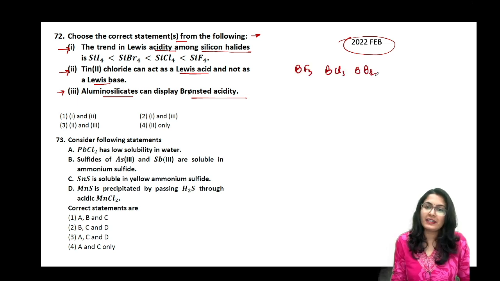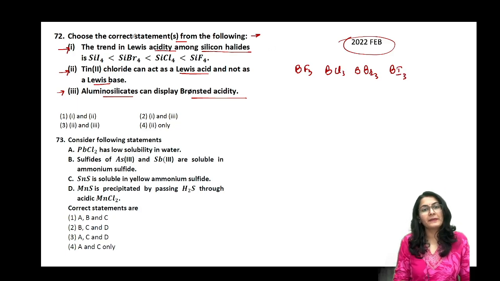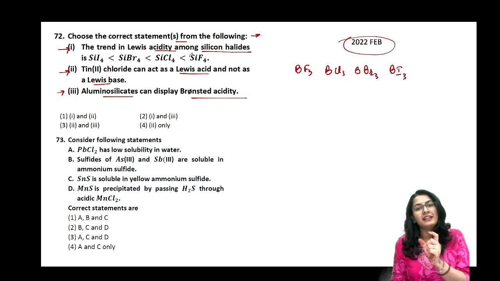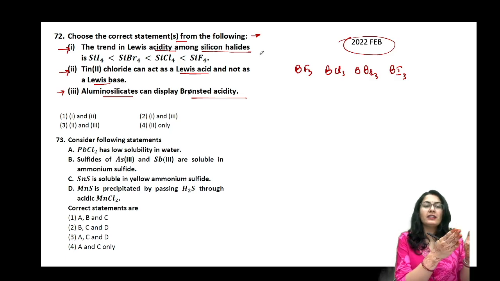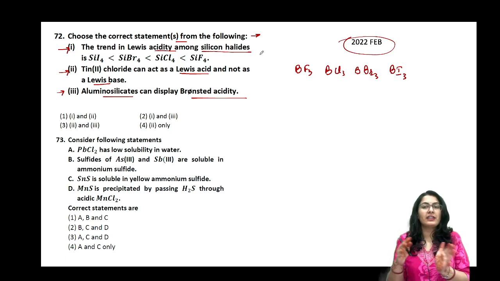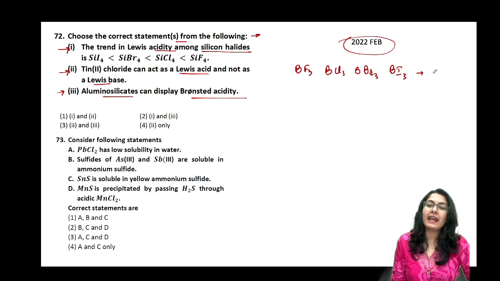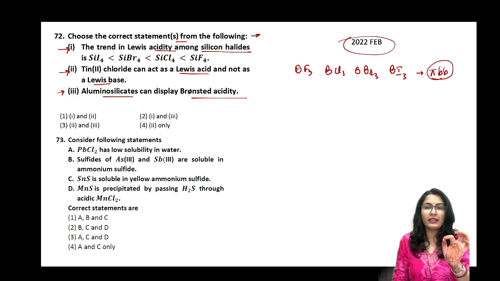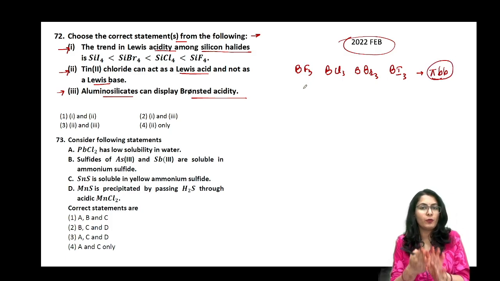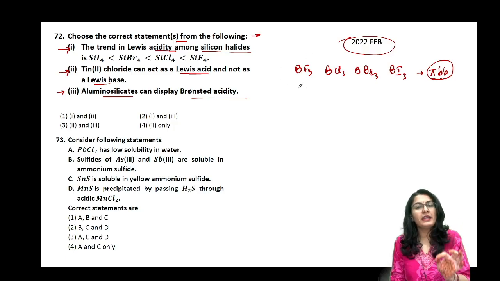I teach these two examples together always so that you know the contrast. The trend in Lewis acidity among the silicon halides. So we are discussing the silicon halides and then we are discussing boron halides. Why? Because boron halides can do pi back bonding, and BF3 has maximum pi back bonding. So BF3 becomes least acidic.